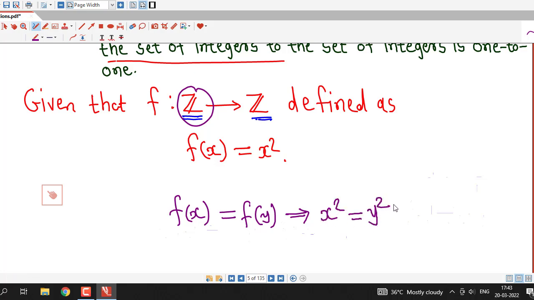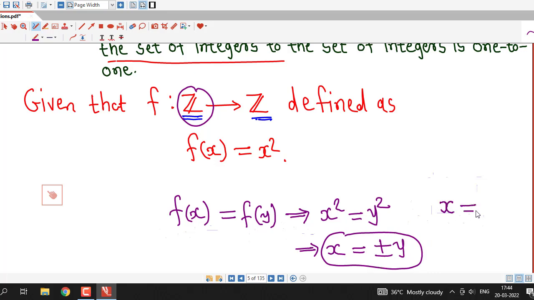So we have x square equal to y square. Now this implies x equal to plus or minus y. So if x square equal to y square, there are two possibilities, either x equal to y or x equal to minus y. So it is not guaranteed that we will obtain only x equal to y.